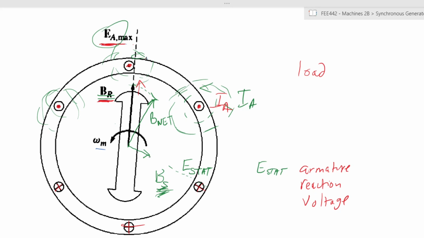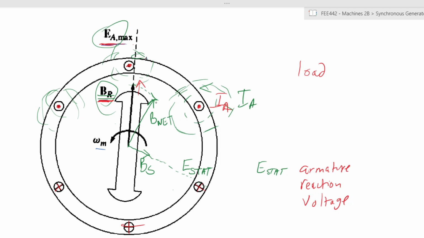Okay, so let's say BS is that size. So our BS is here. When you find the resultant of the two, BR and BS, you have a net B or magnetic field that is distorted. So you have a distorted field from what you originally had from the rotor, which gives you B net.